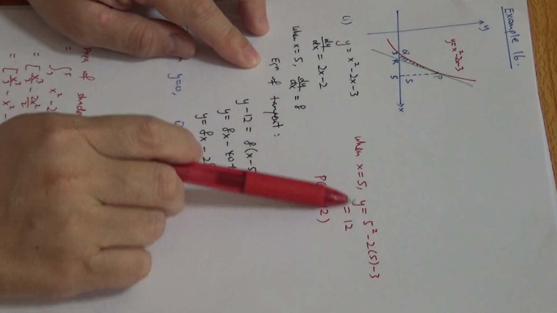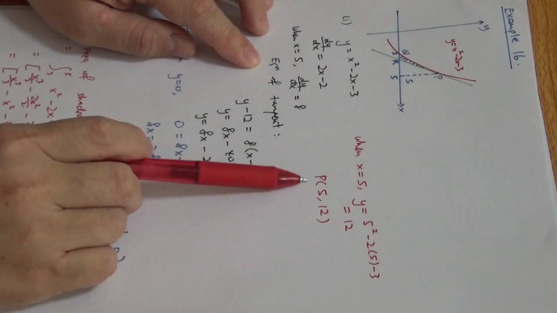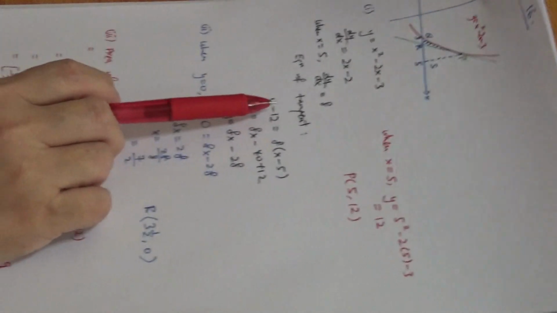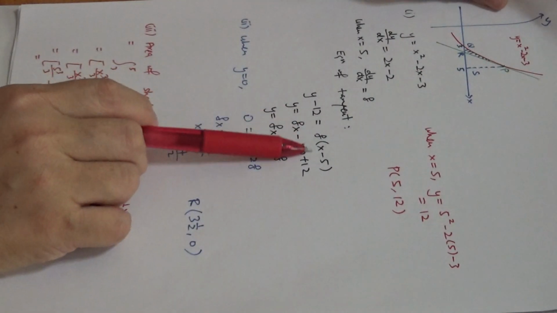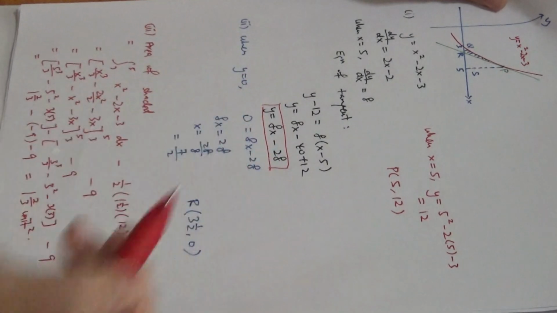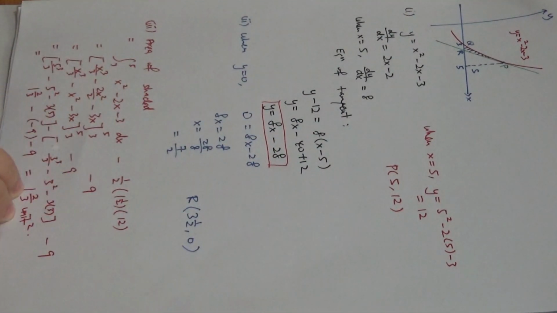Now when x is 5, y is 12, so the coordinates of P is this. Okay, so equation of tangent, I can find y minus 12, so on. So this will give me the equation of the tangent. Y equals 8x minus 28.